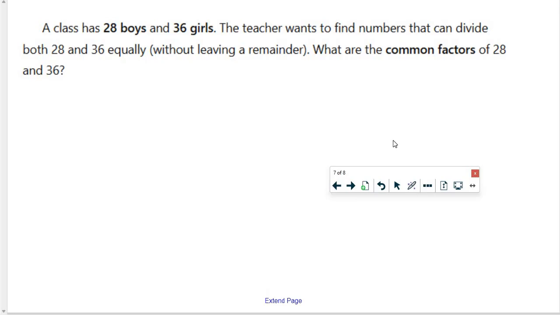What are the common factors of 28 and 36?